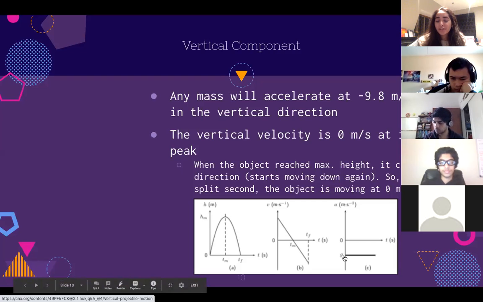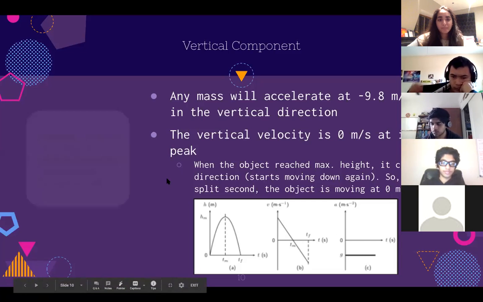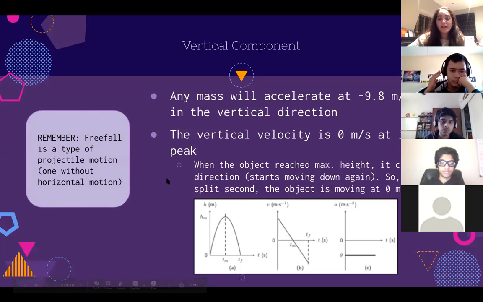And the acceleration is at g, creating this straight horizontal line at negative 9.8. And again, as we mentioned before, free fall, which is what we focused on last class, is basically the vertical component of projectile motion. It's when you have no horizontal movement.